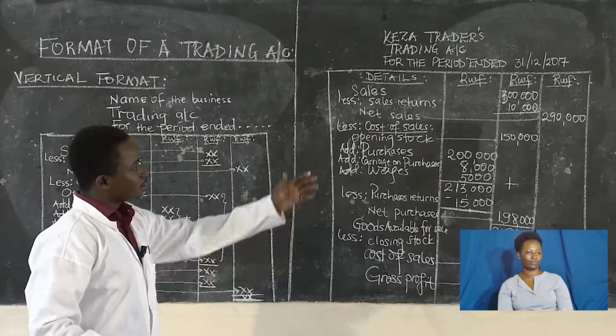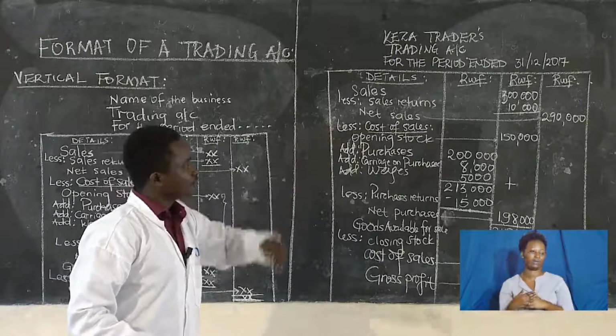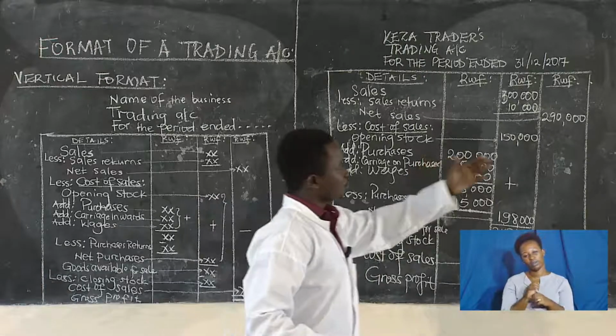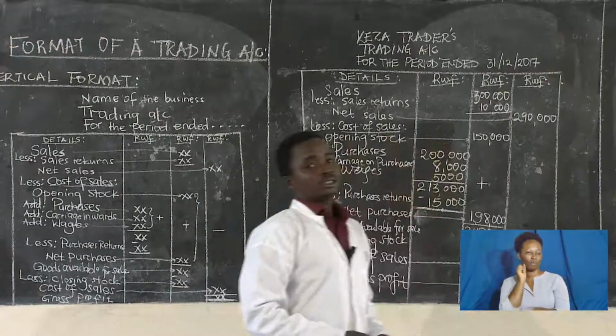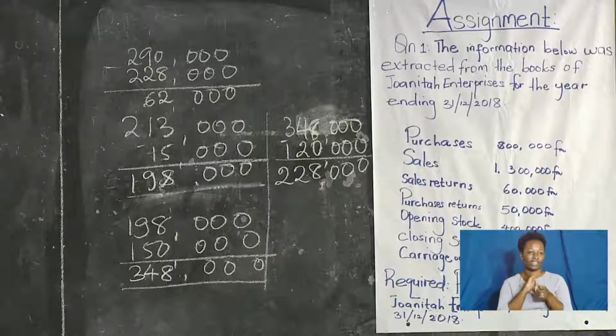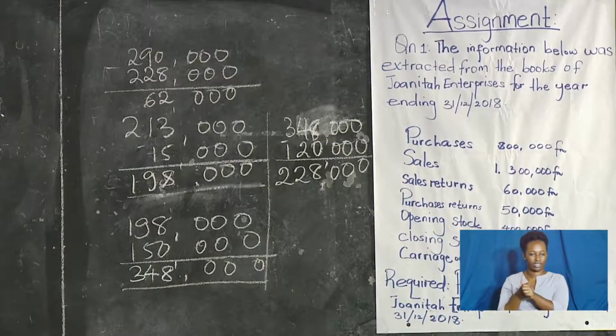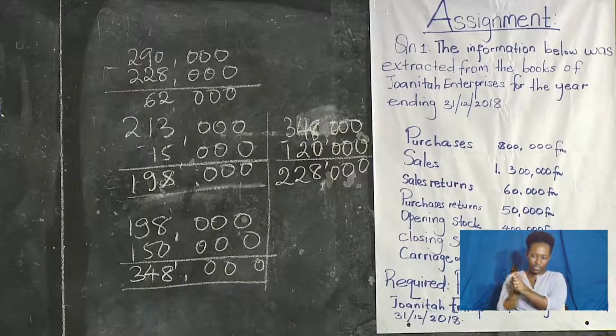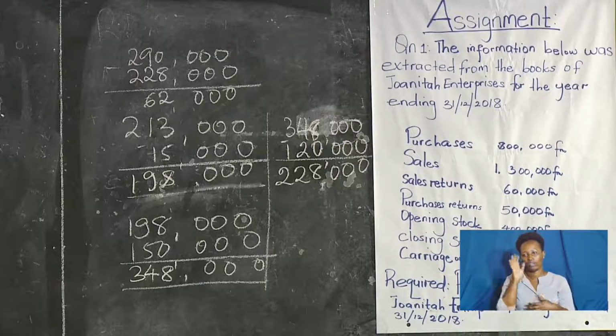Then after, you have to write that assignment, work it out. Then you do this homework. Make sure each of you tries it out so that next time I see how best you have progressed in it.